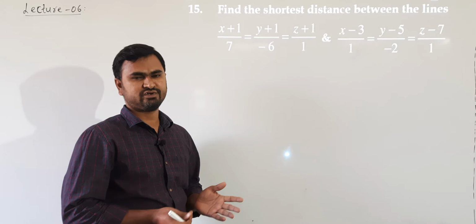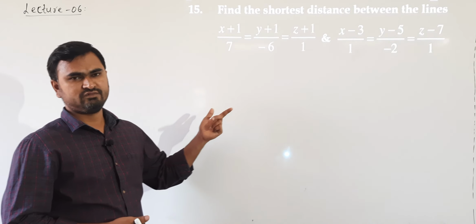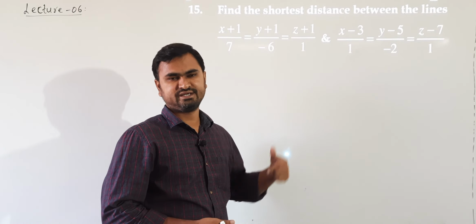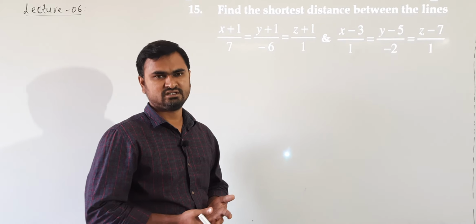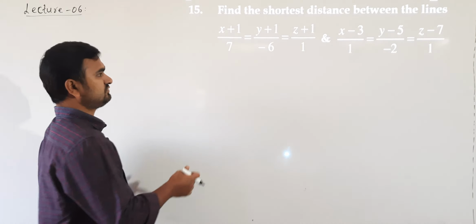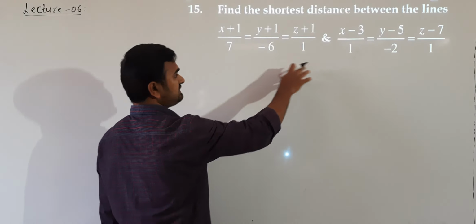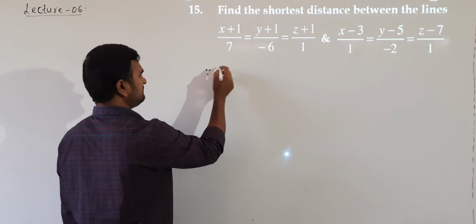Since the lines are not parallel, maybe they are skew lines. How to find whether they are skew lines or not? We will find the distance between them. If the distance is 0, they are not skew lines. If some distance exists, then we say the lines are skew lines. So how do we find the distance between skew lines using the formula?